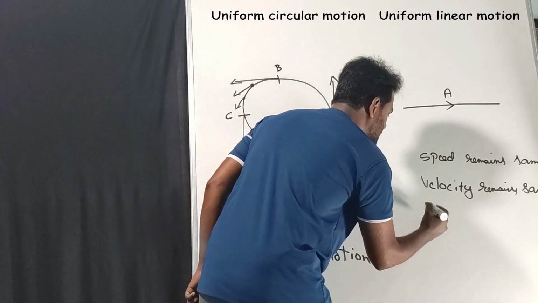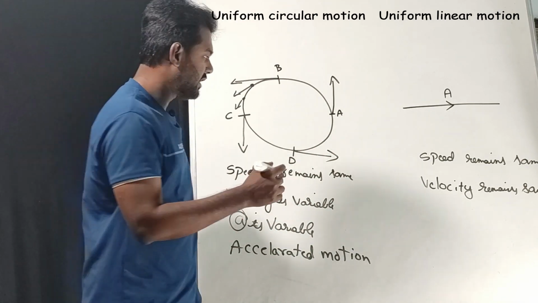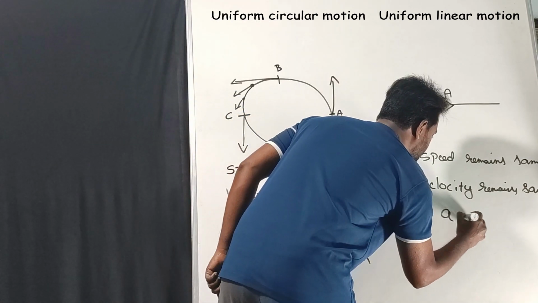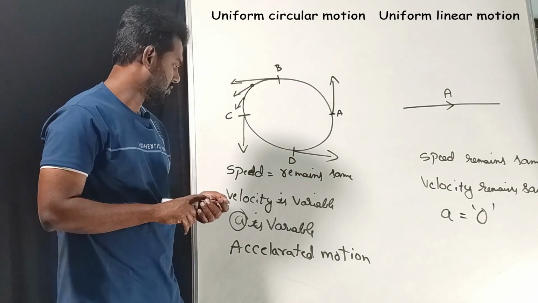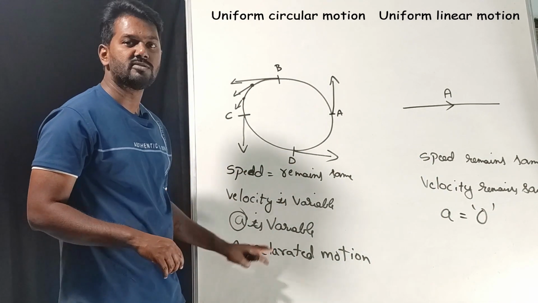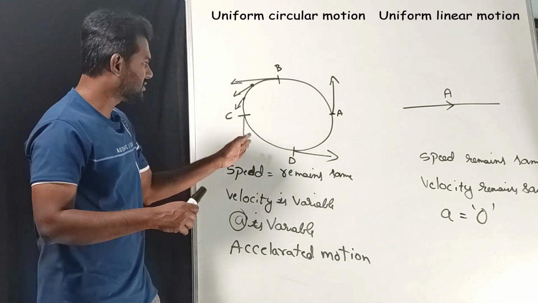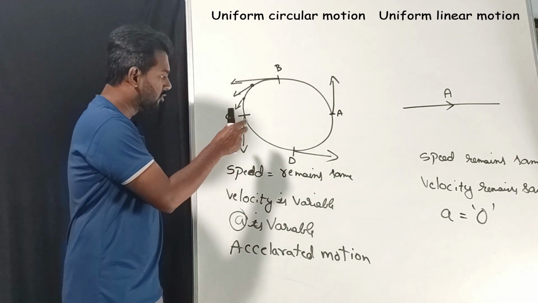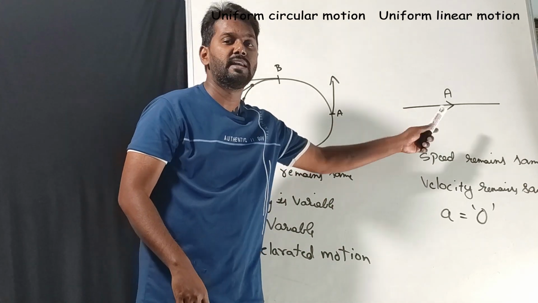So this is non-accelerated motion. There will be no acceleration. So acceleration will be 0. Here acceleration is variable, there acceleration is 0. So these are the differences between uniform circular motion and uniform linear motion.